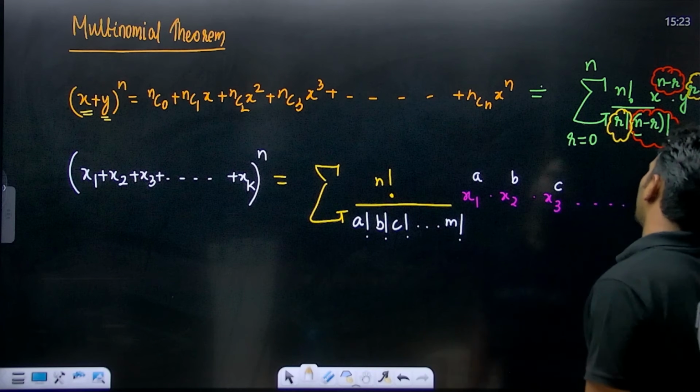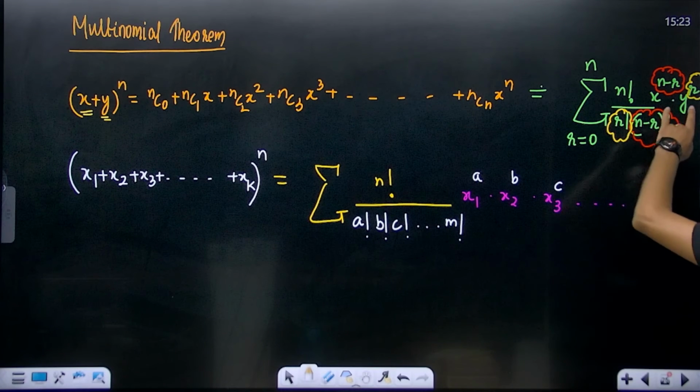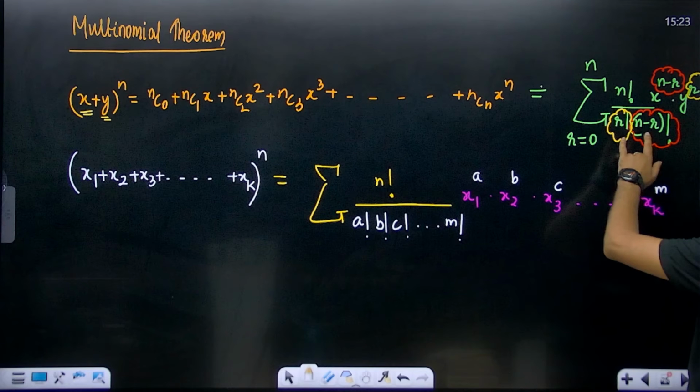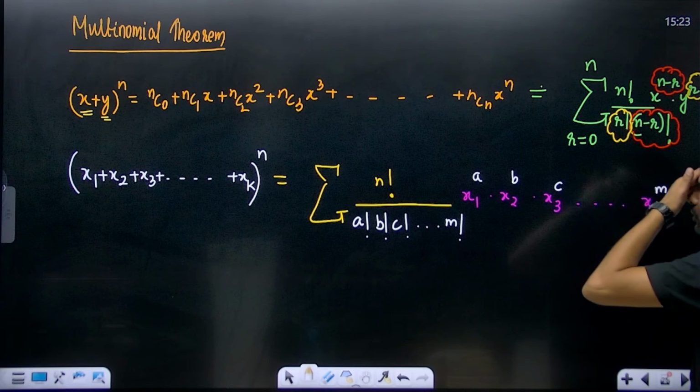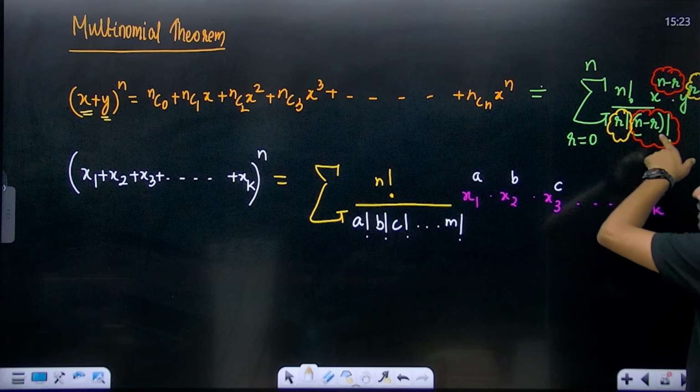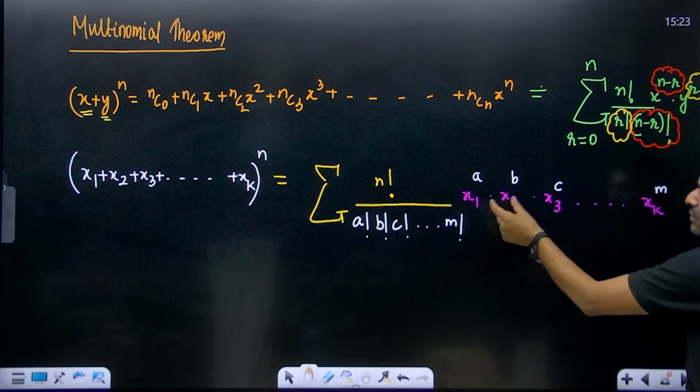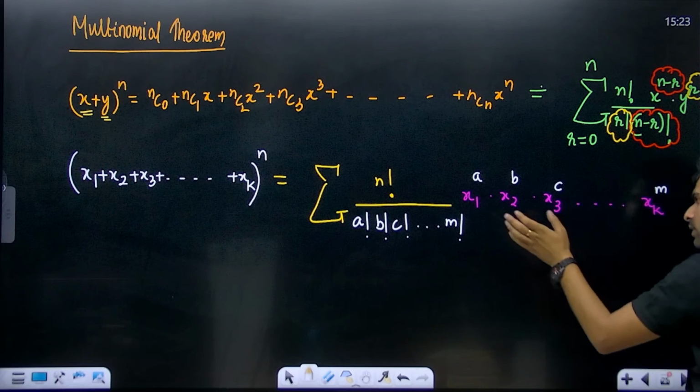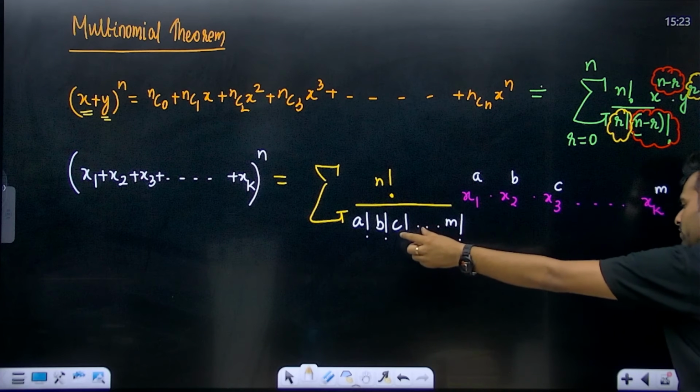Okay. Whatever the powers of x and y were written in the binomial theorem, the very same factorials were written in the formula nCr. So nCr is nothing but n factorial upon r factorial into (n minus r) factorial. So whatever is the power of x1, x2, x3, xk, and so on, all those factorials will be written in the denominator.